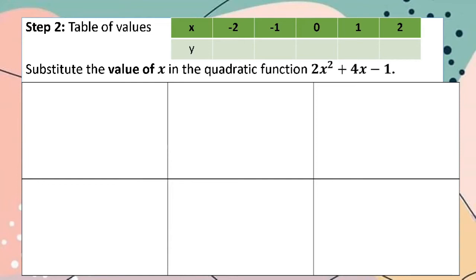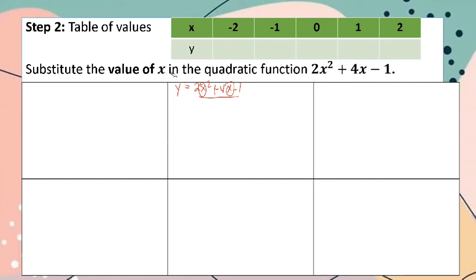Ang nakalagay dun sa original equation natin is y is equal to 2x squared plus 4x minus 1. So, pag sinubstitute natin yung value ng x dito, and then sinimplify natin yan, makukuha natin yung value ng y natin or the function. Okay, so let's proceed in solving.